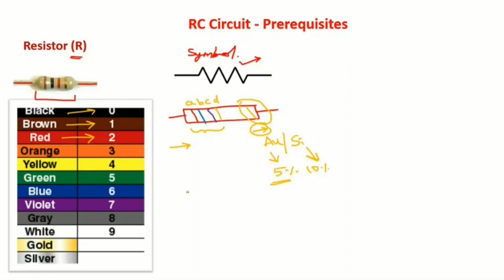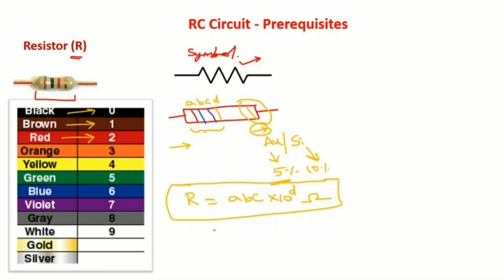In general, the resistance value is given by ABC into 10 power D ohms. This is the formula to calculate the resistance value of a given resistor from the color coding. What are these A, B, C and D? These are the numbers assigned to the particular colors.